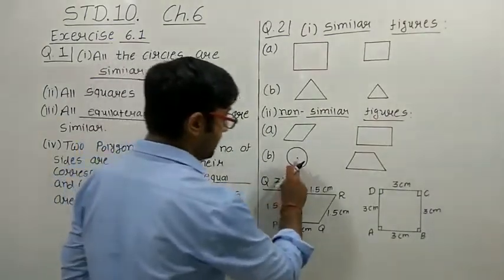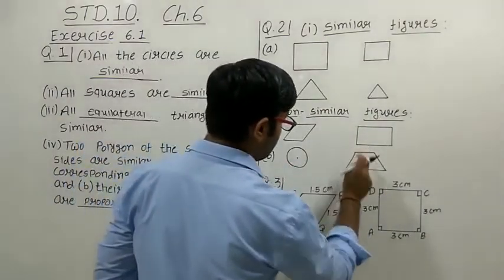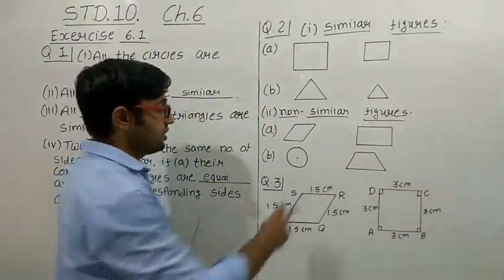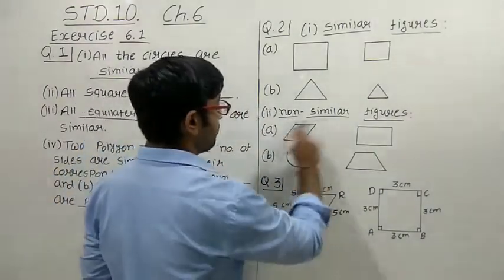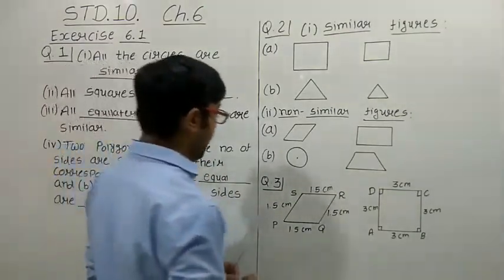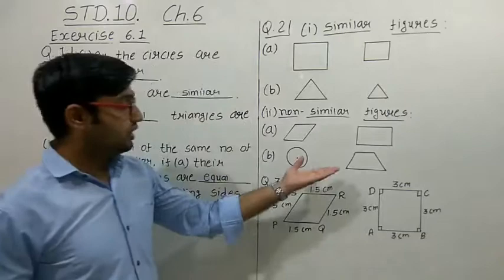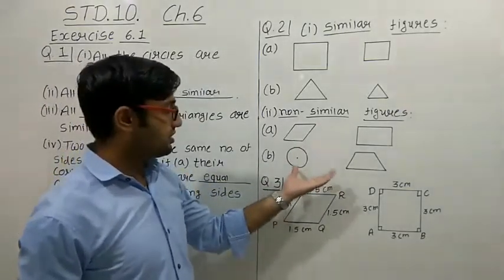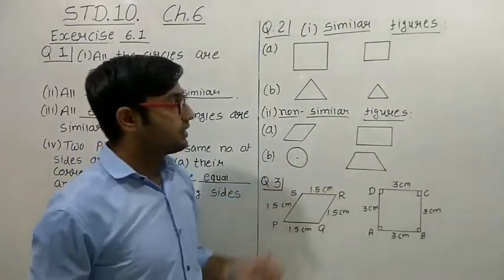So this circle and this figure are not similar to each other. These are the two examples of non-similar figures. Here also you can draw another pair by yourself; it is not necessary to draw these figures only.